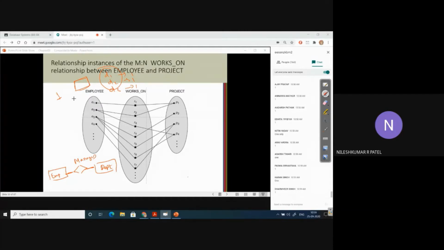So this is an example of a one-to-one relationship. Here it may be total or partial participation, which is a different thing. Single line is partial, and double line is total.